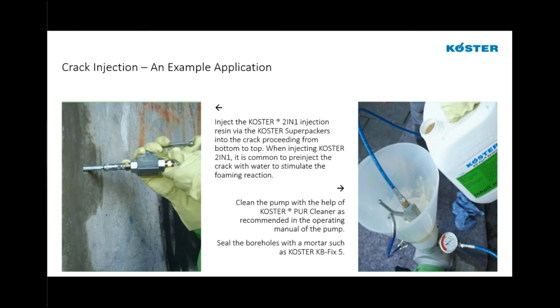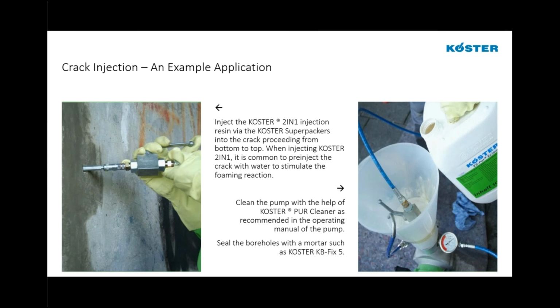Commonly, after we clean it with the Pure Cleaner or with solvent, we run that through, cycle it, and then we'll store the pump with oil, motor oil, vegetable oil, something like that, to prevent any kind of ingress of water or a reaction of any material which may be left in the pump itself.